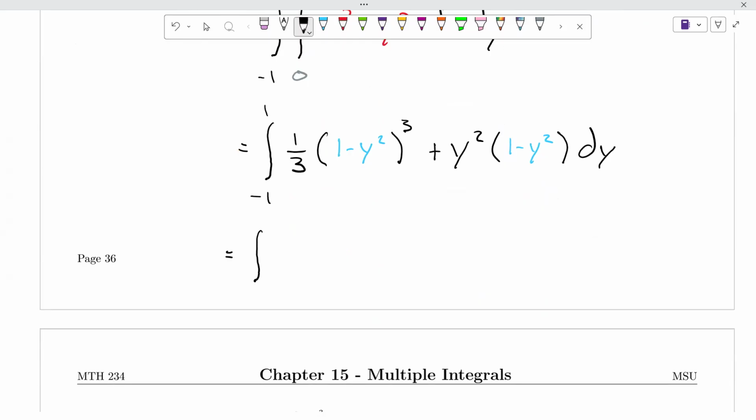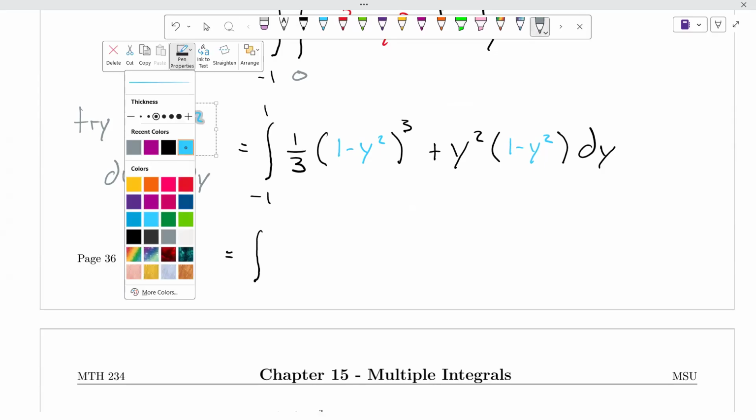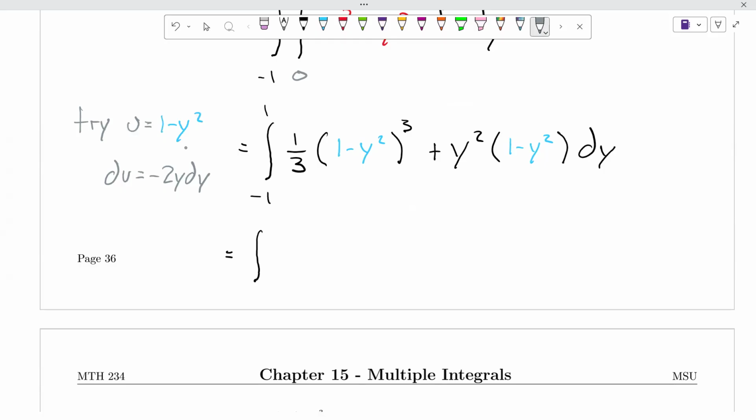So I try 1 minus y squared being equal to u, which means du is -2y dy. Maybe mark that off in blue, because that's kind of the point I'm thinking of.